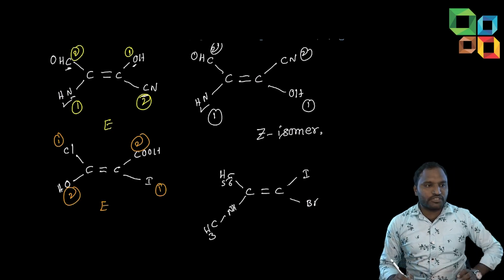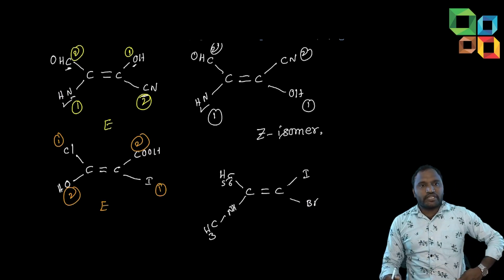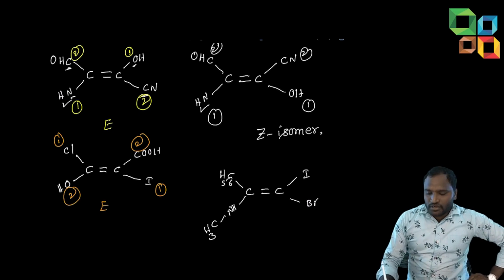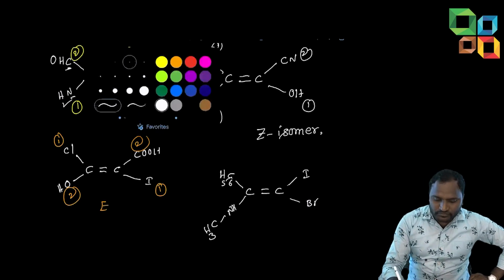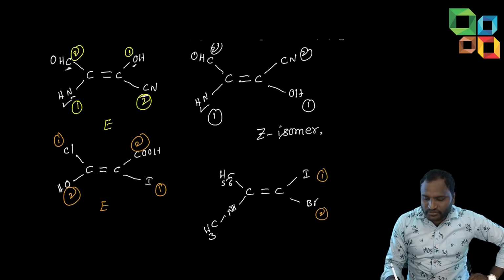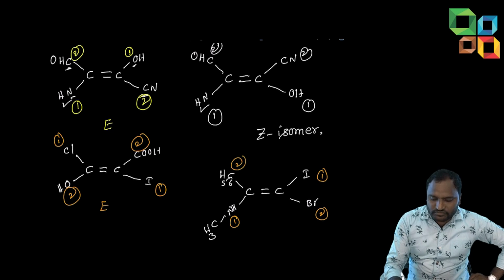Tell me, students, which isomer? Z isomer. Dhruva, you are correct. Iodine, first priority. Next one, nitrogen, first priority. Here, carbon, second priority.